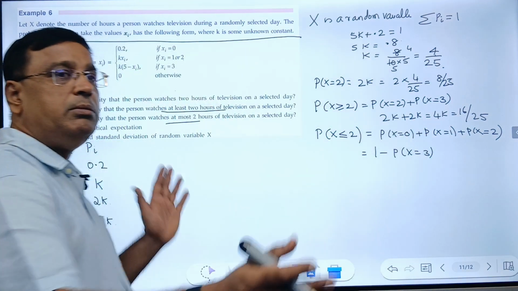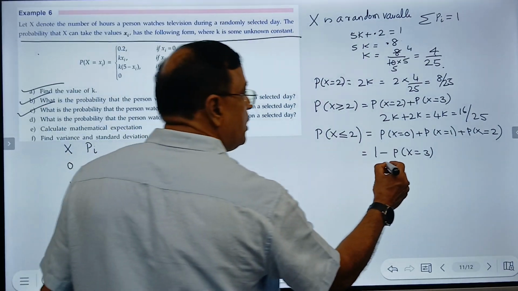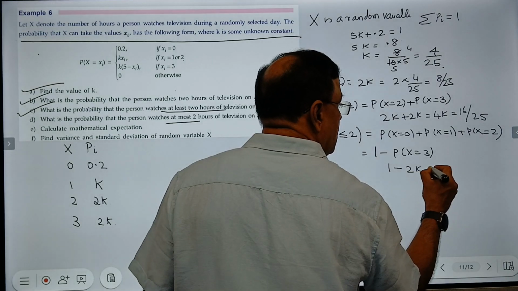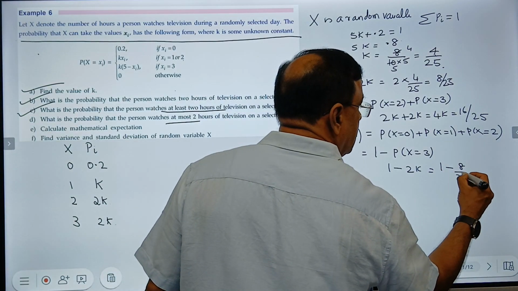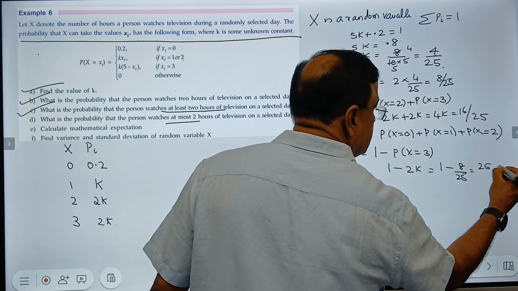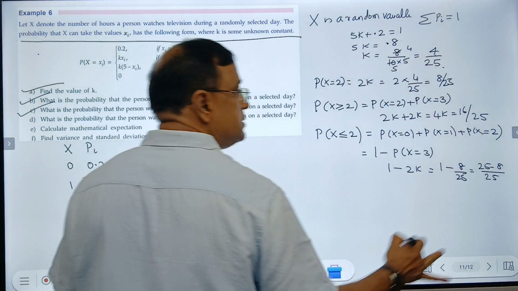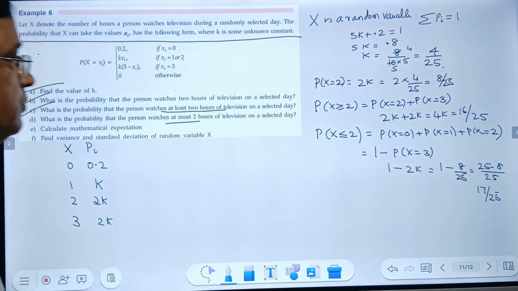From the total probability, you remove 3, and you get less than or equal to 2. So it is 1 minus P of x is equal to 3, which is 2k, so 1 minus 8 by 25. If you take LCM, what you get? 25 minus 8 by 25. It will be 17 by 25. So this is the fourth subdivision.